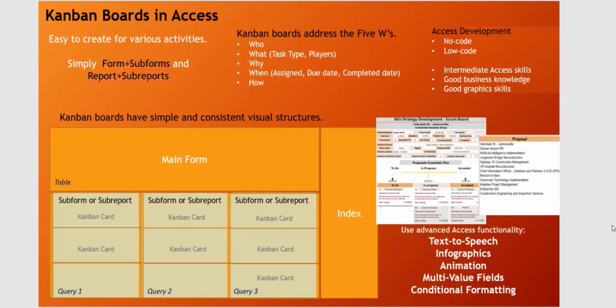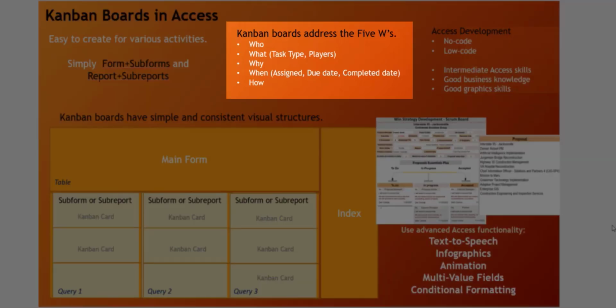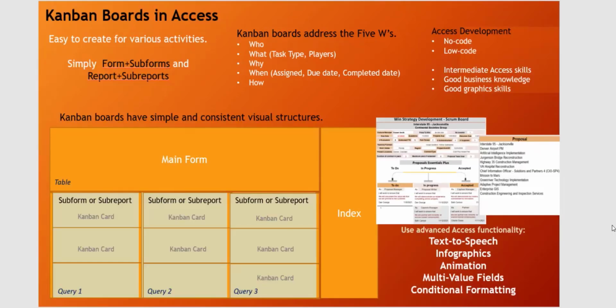What I do is allow the Kanban boards to address the 5 W's. Everyone here is probably familiar with the 5 W's: who, what, when, why, how. And in project management or software development, with you working with a team, everyone needs to be on the same page. And so the Kanban board helps the program manager or the team lead keep track of all the tasks that have been assigned to people or need to be assigned to people on that project.